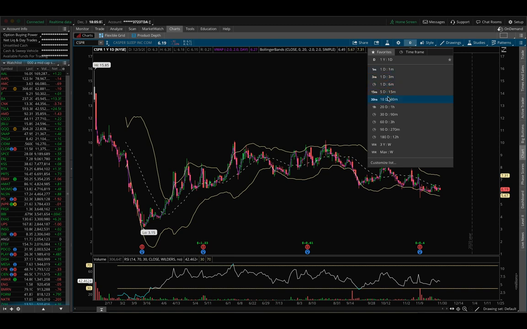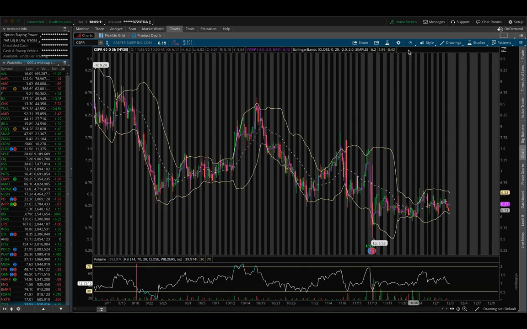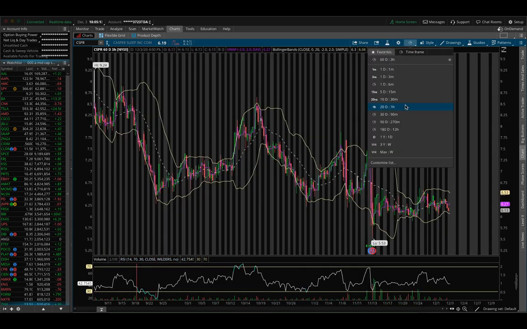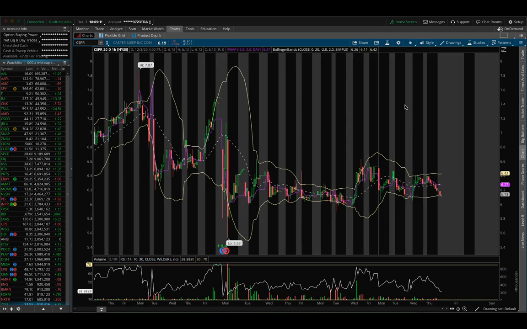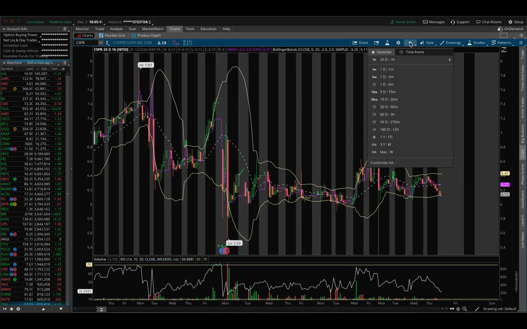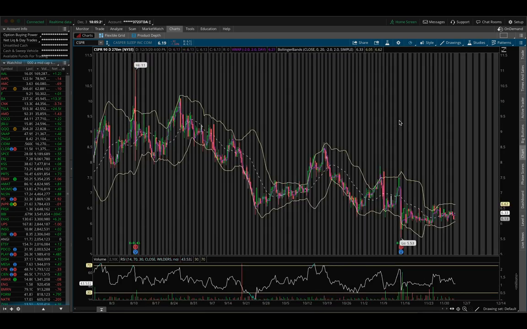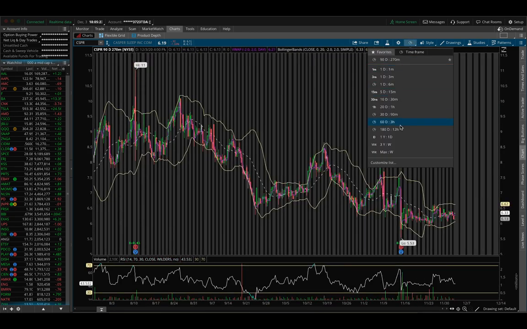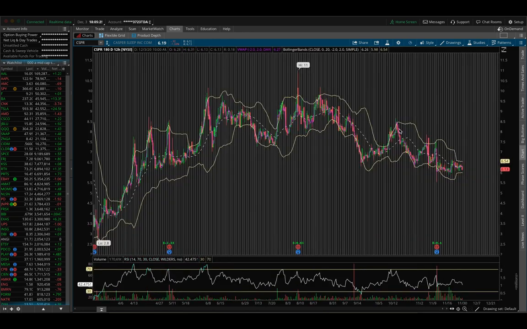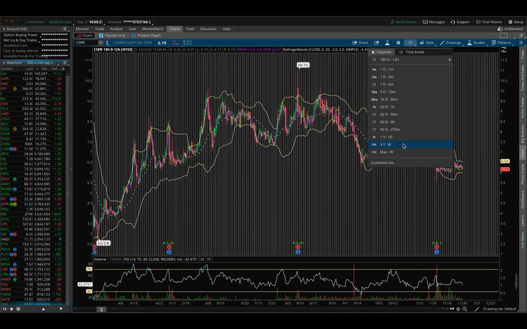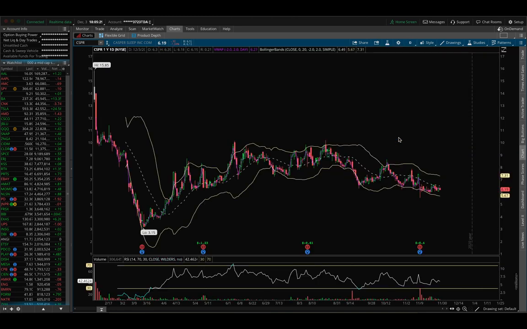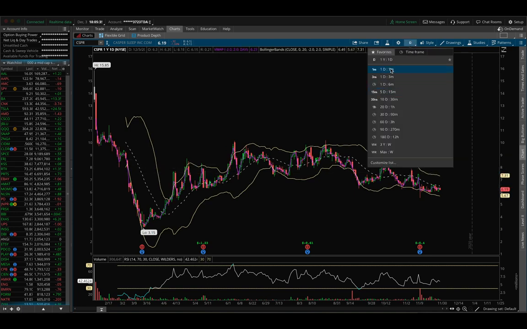But if I'm looking at swing positions, I'm going to be looking at a 2-month chart for a close view, maybe the 20-day hourly. That's a pretty common one, and you can see how much of a difference each of these is going to make. 90-day, I like this one, but honestly the most common I'm using are 6-month and daily chart.